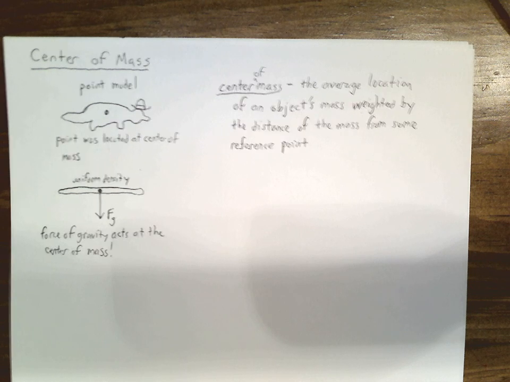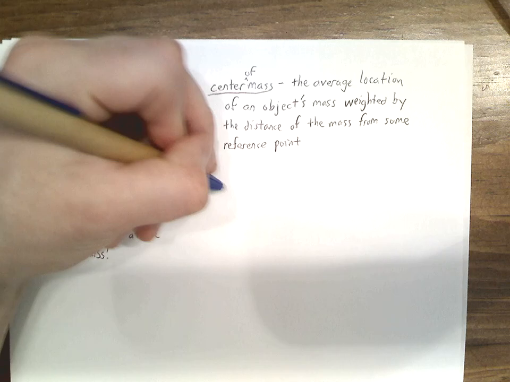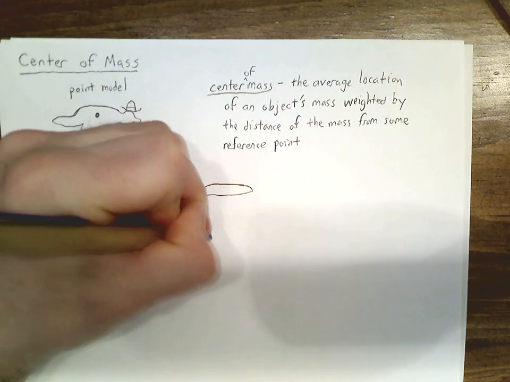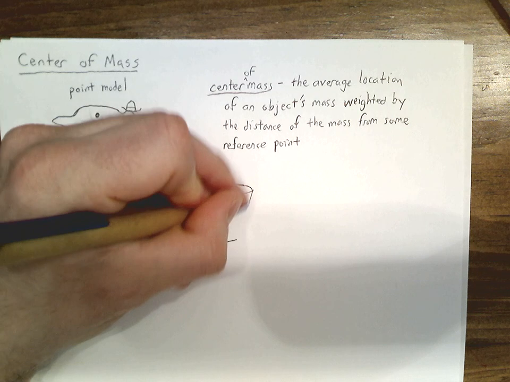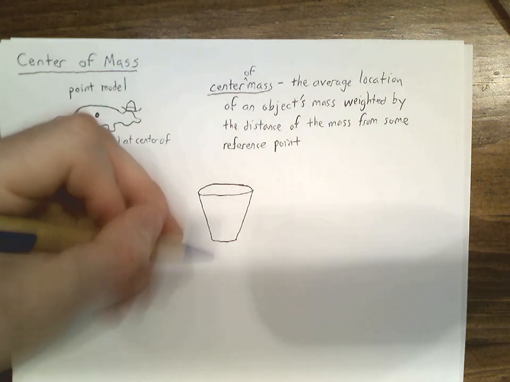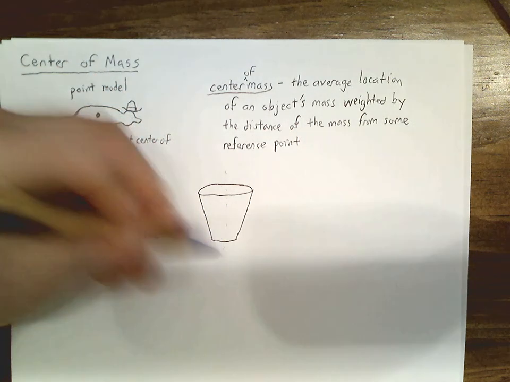That's important. This idea also lets us explain why certain objects are more stable than others. Imagine we had this neat little sandcastle bit where, we'll say, it's uniform density all the way through. It's a three-dimensional object. It's symmetric, so we would expect the center of mass to lie somewhere down this center line.